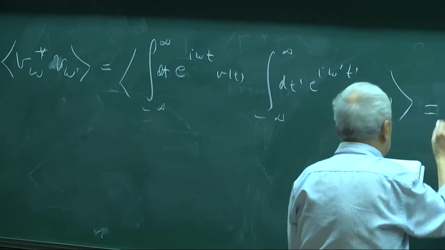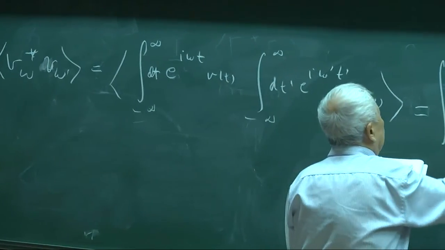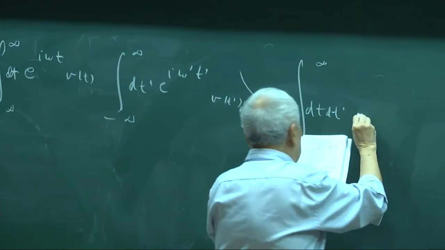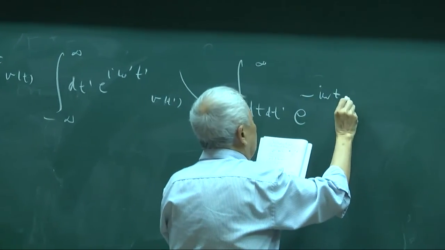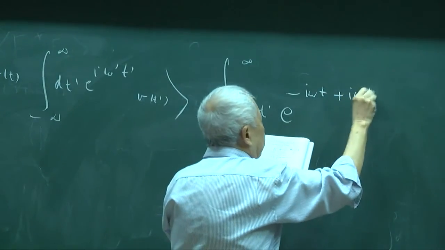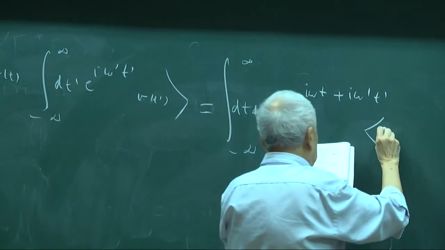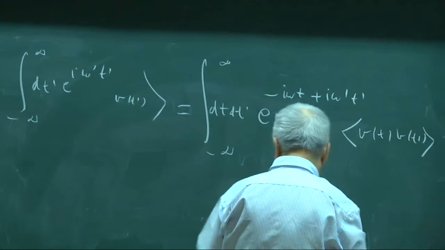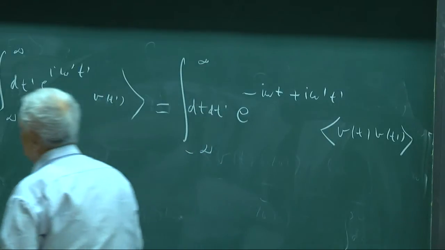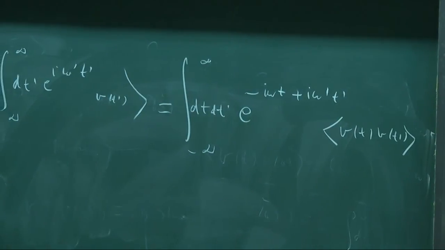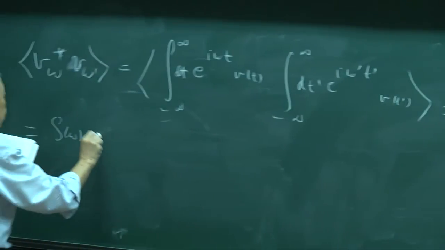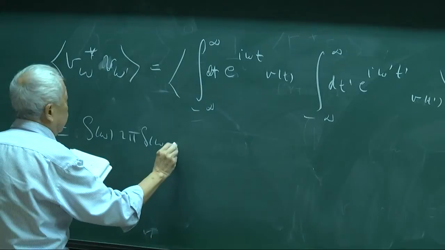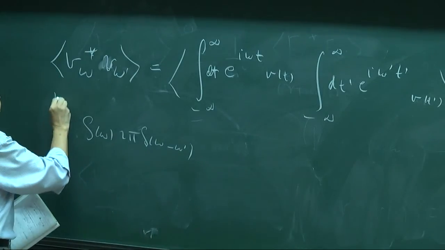This is equal to the integral dt dt prime from minus infinity to plus infinity of e to the minus I omega t plus I omega prime t prime, the correlation of v of t and v of t prime. But we know that this is equal to S of omega times 2 pi delta function of omega minus omega prime. We know this.